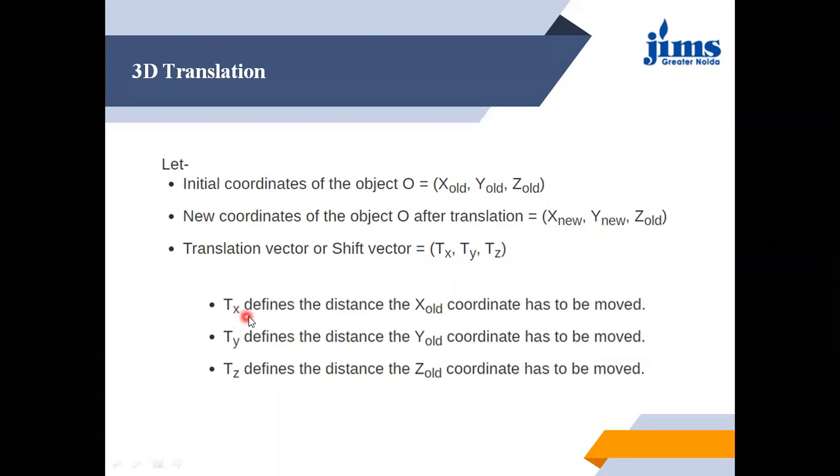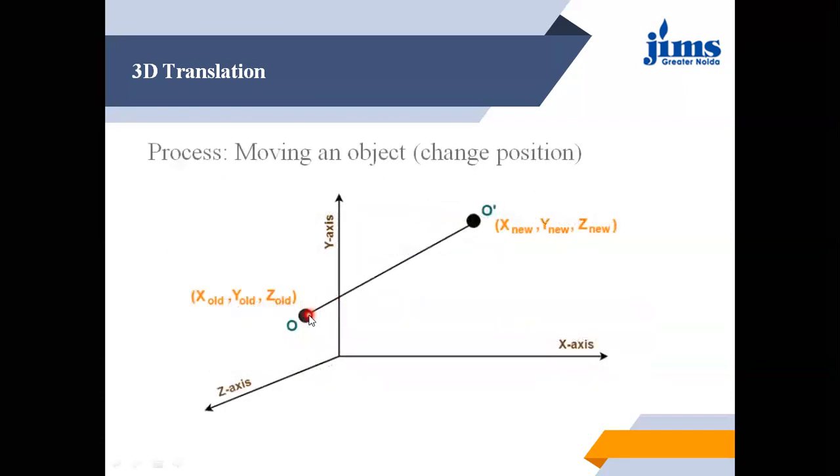So Tx defines the distance the x old coordinate has to be moved. Tx is the distance that shows how much the object has moved on the x-axis. So it moved from this point to this point on the x-axis, and this is Tx.